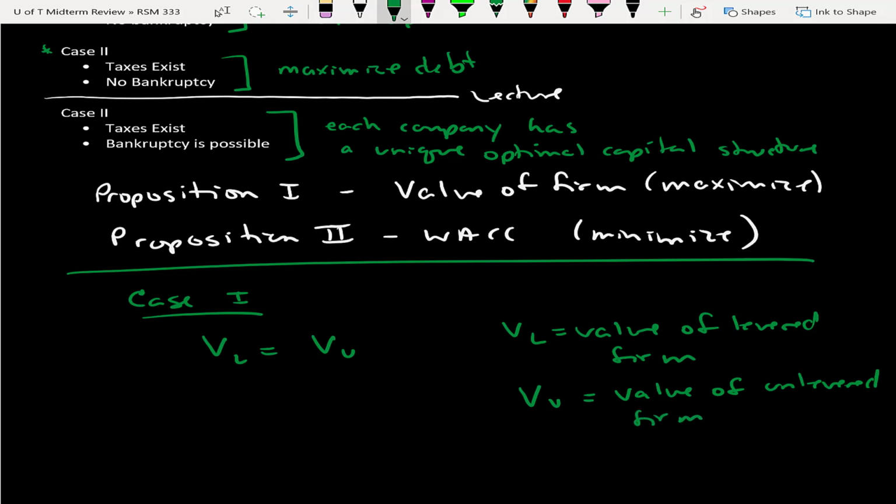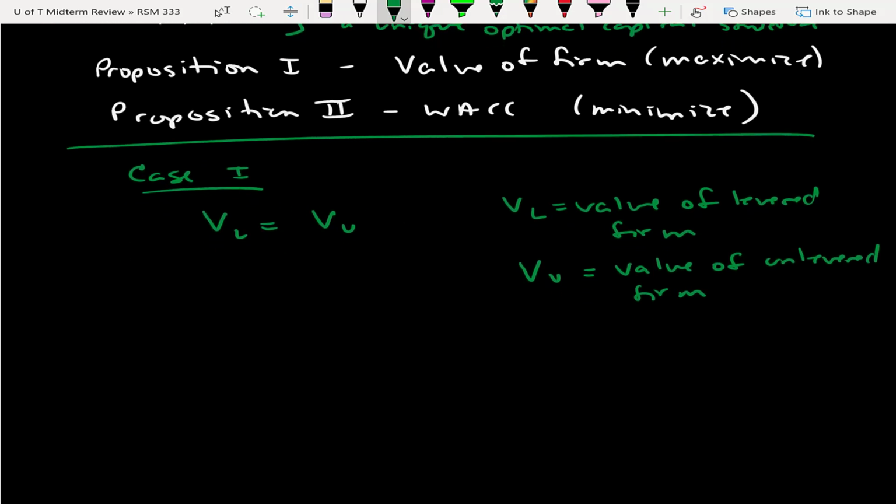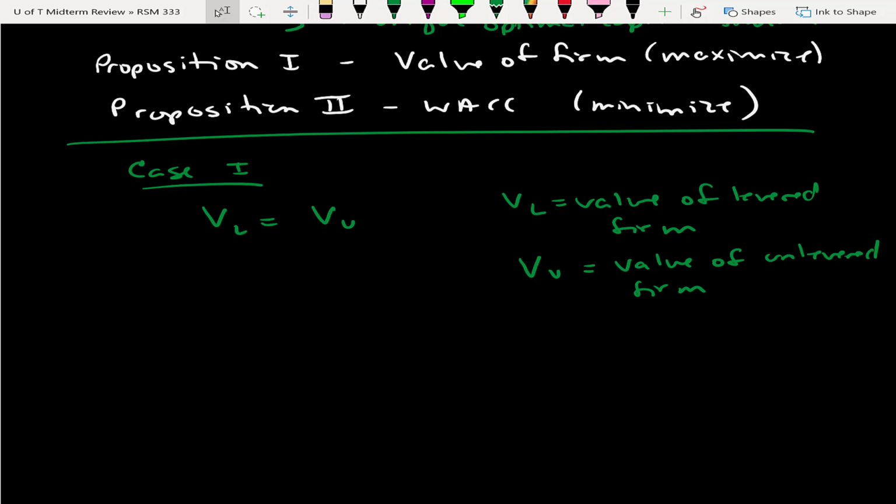Which is consistent with their conclusion that the value doesn't change whether you add debt or not. It's the same. Not really realistic, but that is what they conclude. So what's the value of this firm? In this case, all of the examples that they look at is EBIT over RU, the cost of unlevered equity.